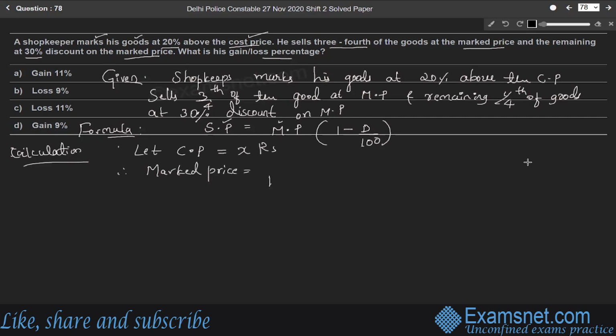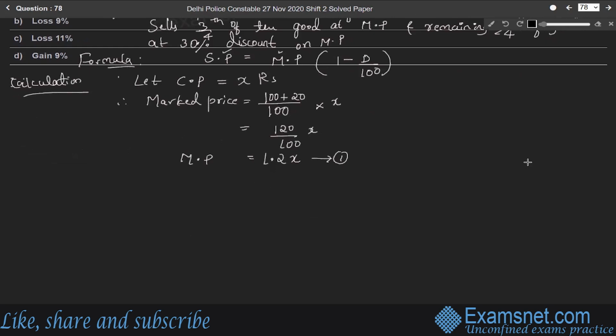For 100 cost price, market price will be 100 plus 20, that is 20% above the cost price. If X is the cost price, market price becomes 120 by 100 into X, which is 1.2X. Therefore, market price is 1.2X.